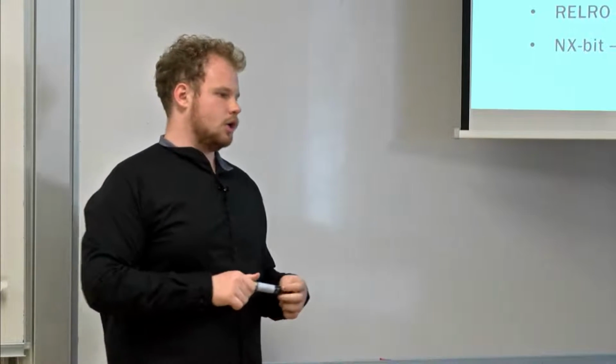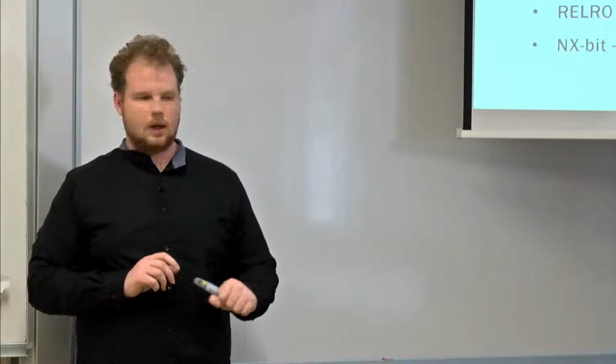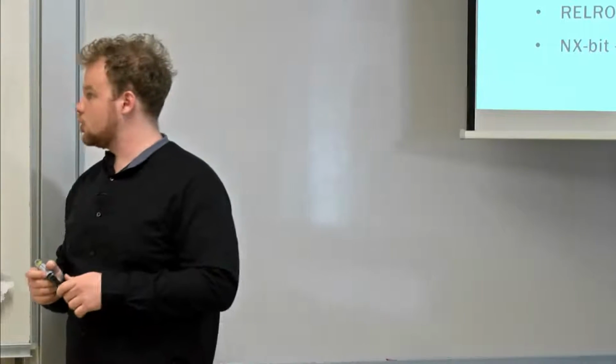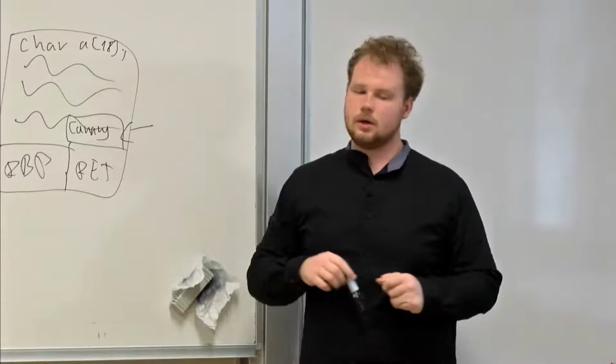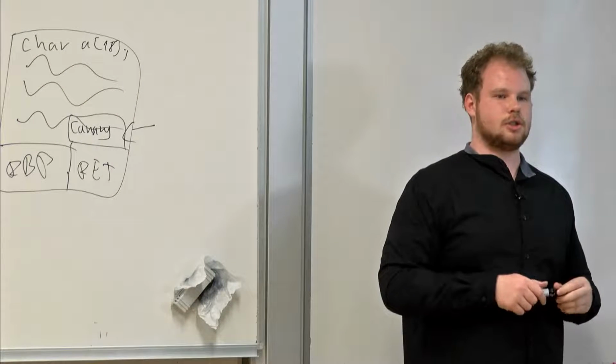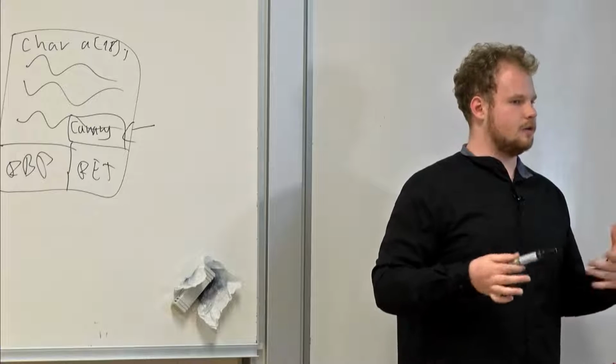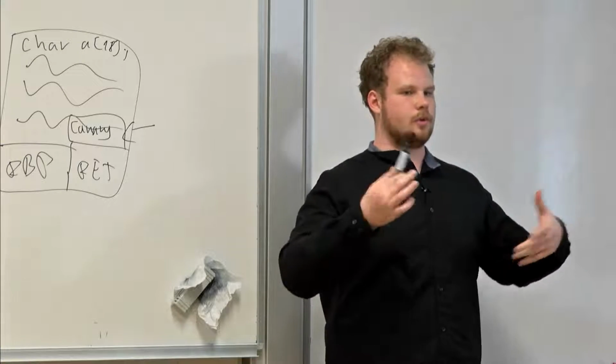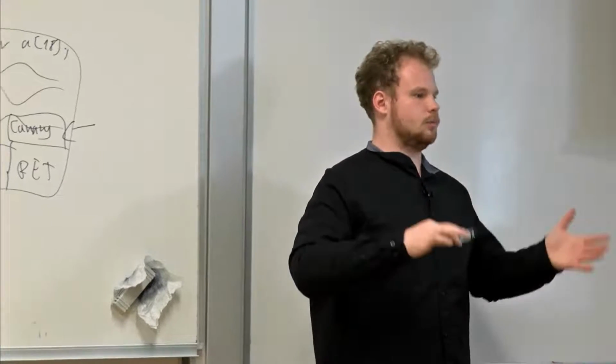After canary, we have RELRO, which is relocation read-only. This has to do with the notorious global offset table. The global offset table is basically a cache for the program where the program stores addresses for linked functions, like functions from libraries, scanf, puts, printf, and so on.